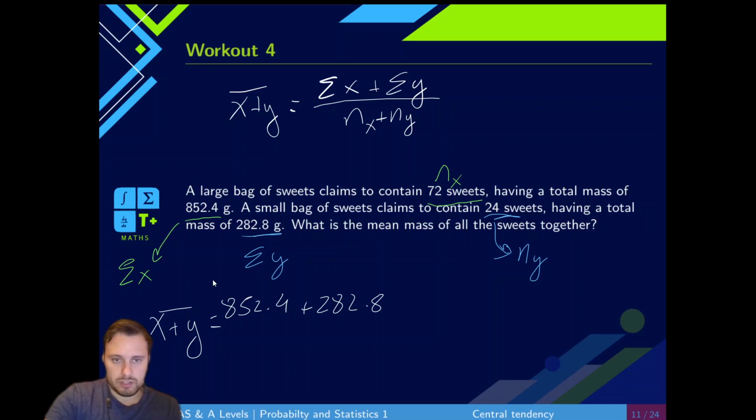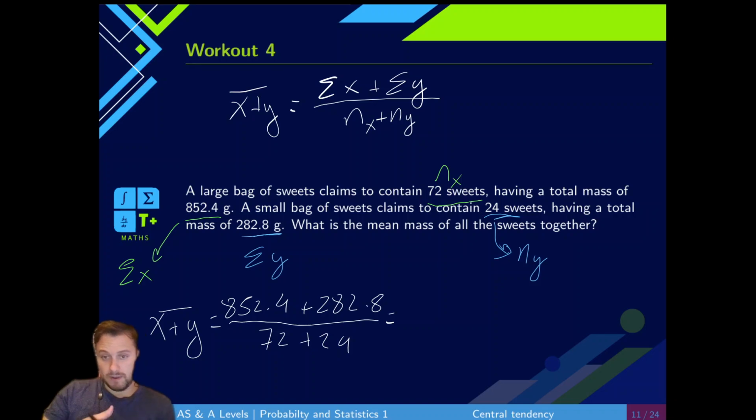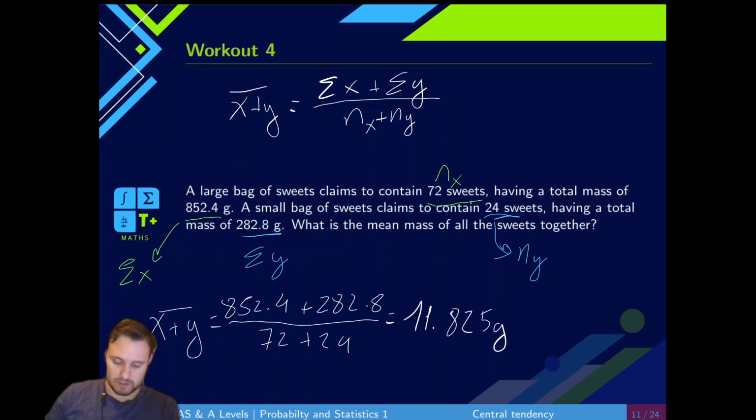And then we're going to divide this over 72 plus 24. This is just the sum of everything divided over the sum of the amounts of things that we have. It's quite straightforward. We go into the math and we get an average of 11.825 grams. That will be the mean mass for these sweets that we have here.